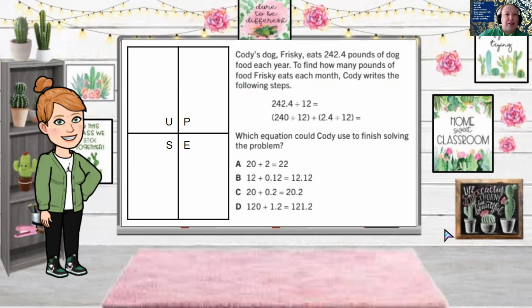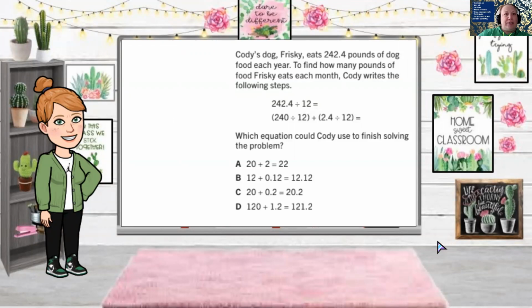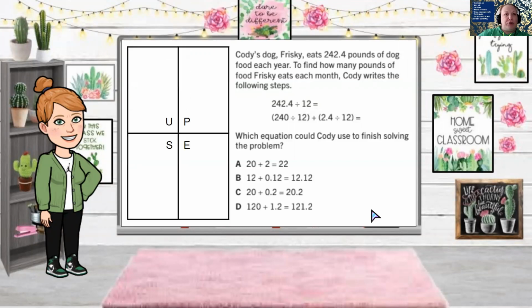He broke it apart to 240 divided by 12 plus 2 and 4/10 divided by 12. So he broke apart the 242 and 4/10. If you added those two parts together, they would equal the 242 and 4/10. So which equation could Cody use to finish solving the problem?